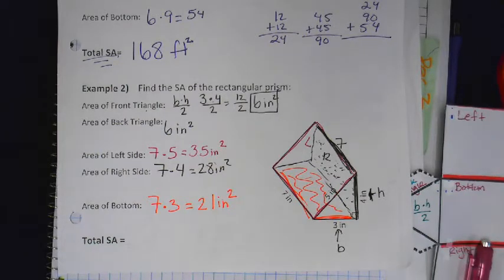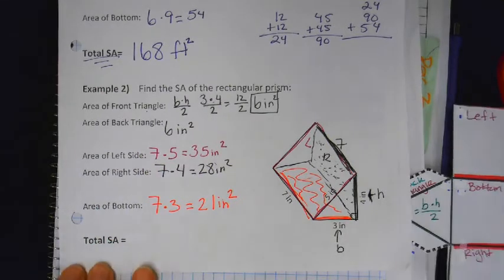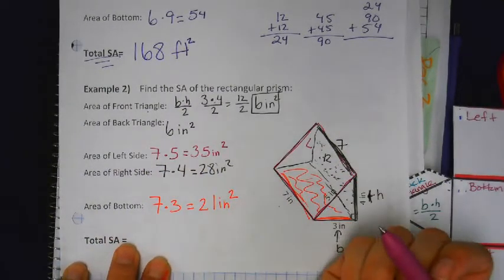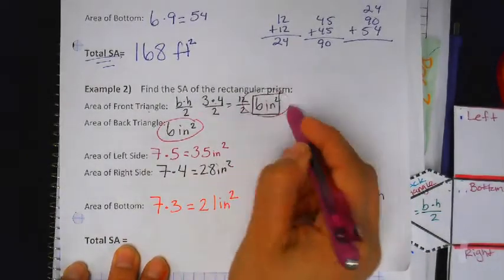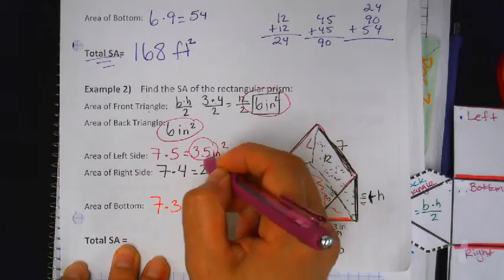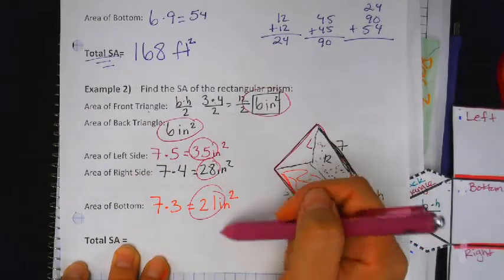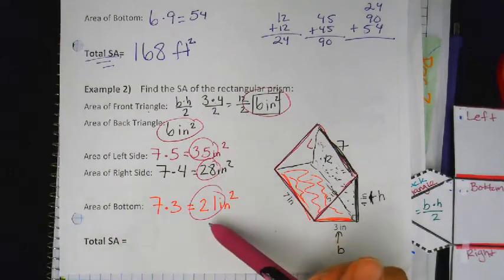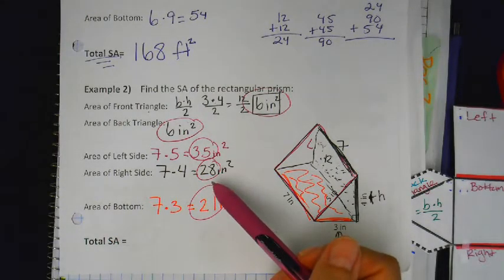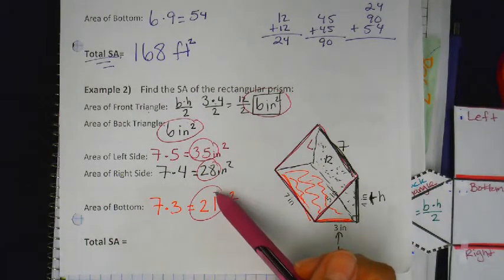Okay. What do I do next? I add them. So if you want to use a calculator, you can. I want you to add 6 plus 6, 35, 28, 21. Add them up. With the calculator, in your head, on paper, but do it.